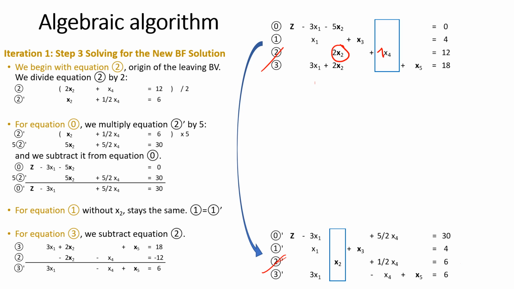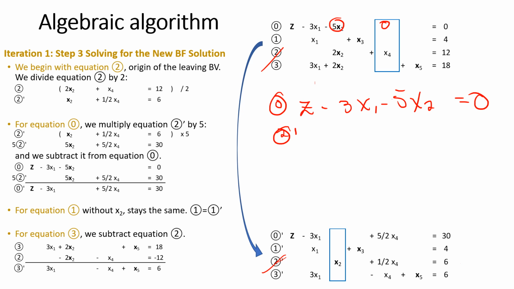So let's start with equation 0. We got z minus 3x1 minus 5x2 equals 0. And we need this 5 to become 0. We need to change this one to 0. So at this point, we can use this equation number 2 apostrophe, and if we multiply it by 5, watch what we got.